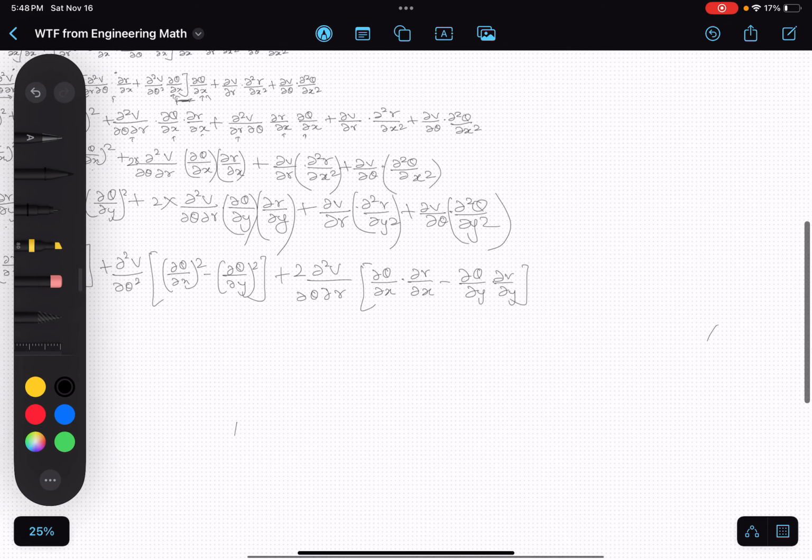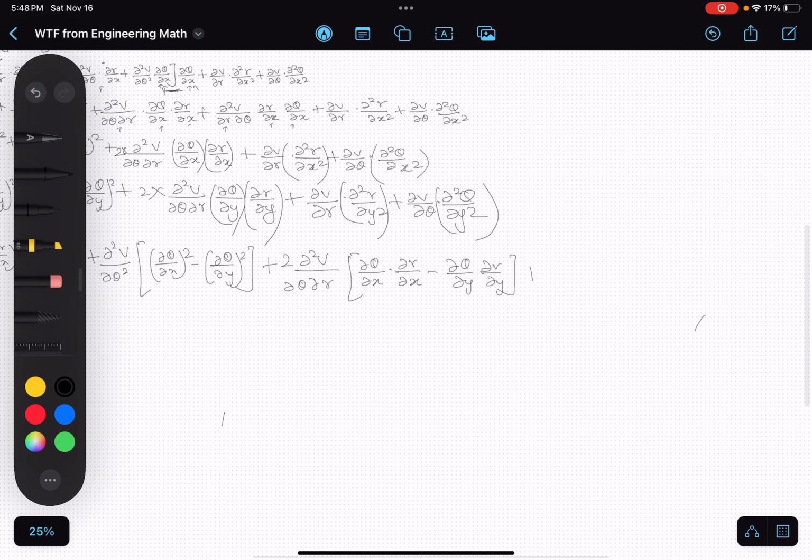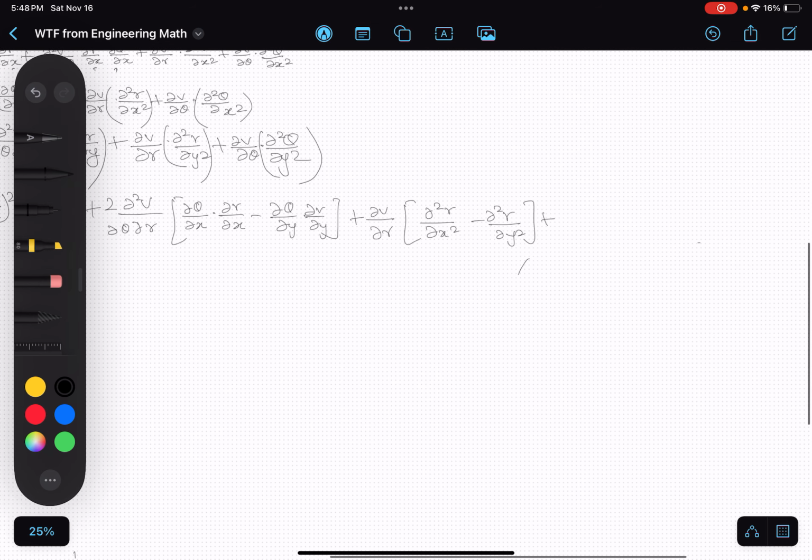Now similarly, for partial b by partial r, we are going to have partial square r by partial x square minus partial square r by partial y square, and for partial b by partial theta, partial square theta by partial x square minus partial square theta by partial y square, right?